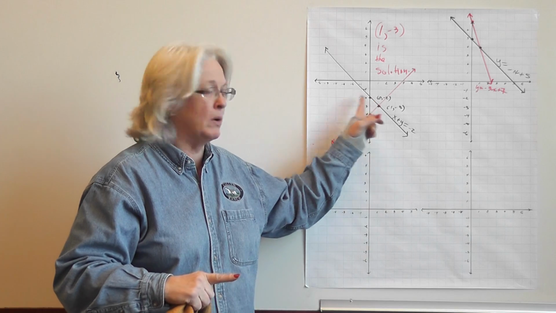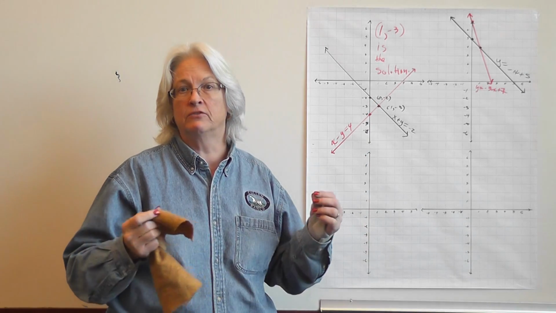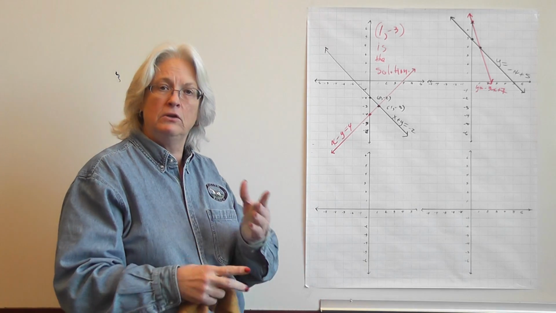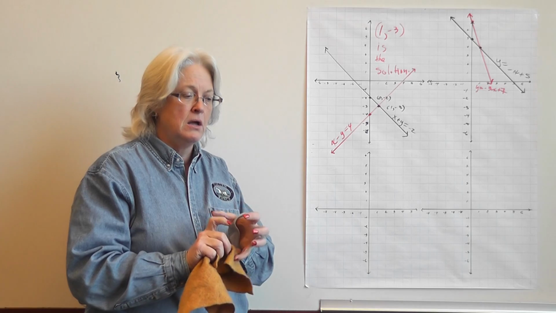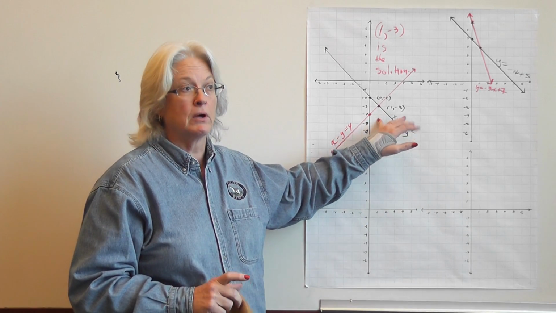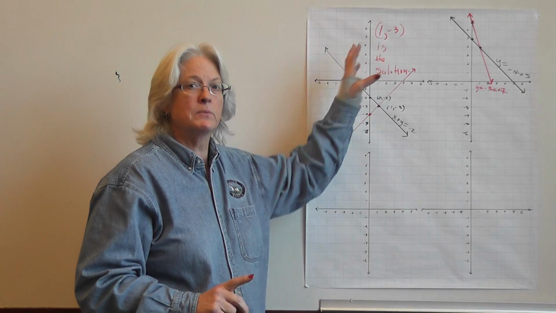It could have been 1 and negative 2.99987 that they intersected, and you'd never be able to read specifically enough off grid paper an actual intersection unless you had something specific.